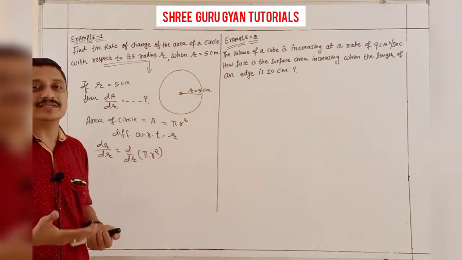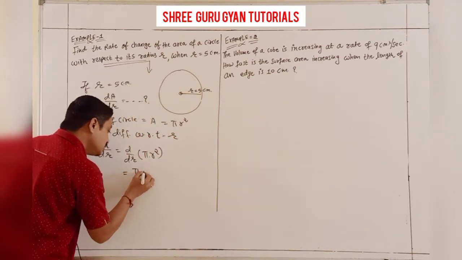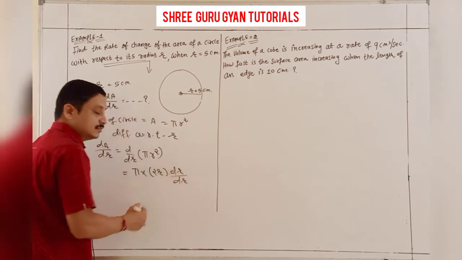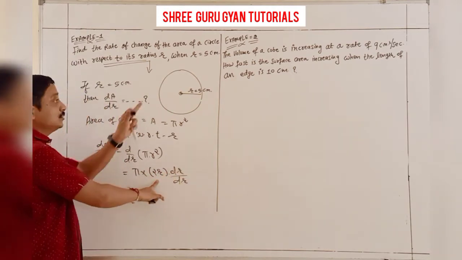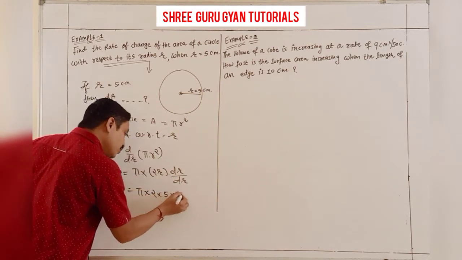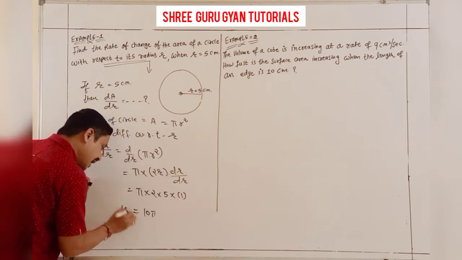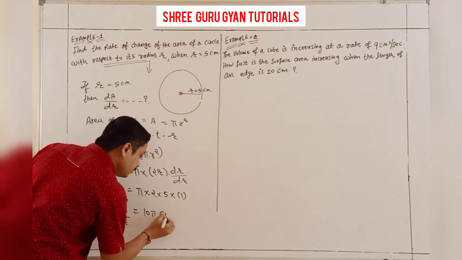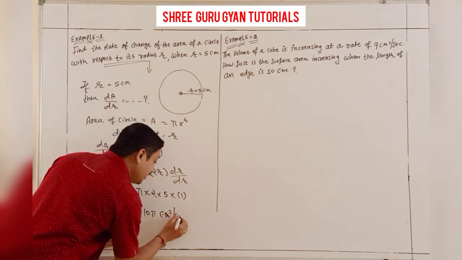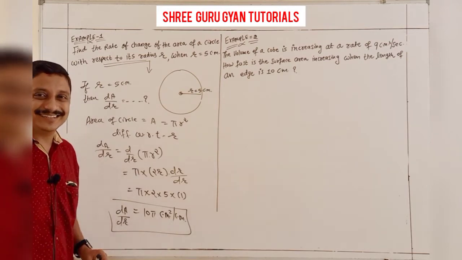Applying the systematic derivative with respect to r, here pi into 2r, but r with respect to r is 1. R you know is 5. It means pi into 2 into 5. Your answer is 10 pi, dA by dr, and the unit is centimeter square per centimeter. Radius means centimeter. And that's your simple, cute answer.